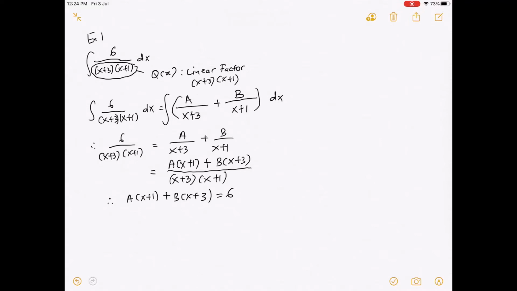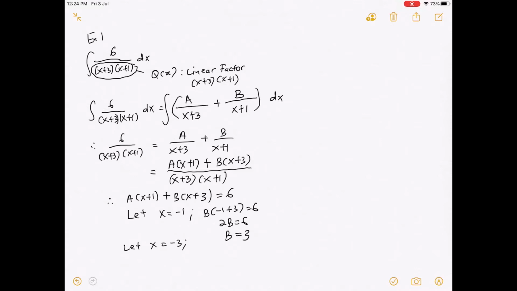Okay, so we can find the values of A and B here. Let's say I choose x equals negative 1. Then my A term will be 0, and my B will be (negative 1 plus 3) equals 6, which is 2B equals 6, so B equals 3. And then another one, I choose x equals negative 3.